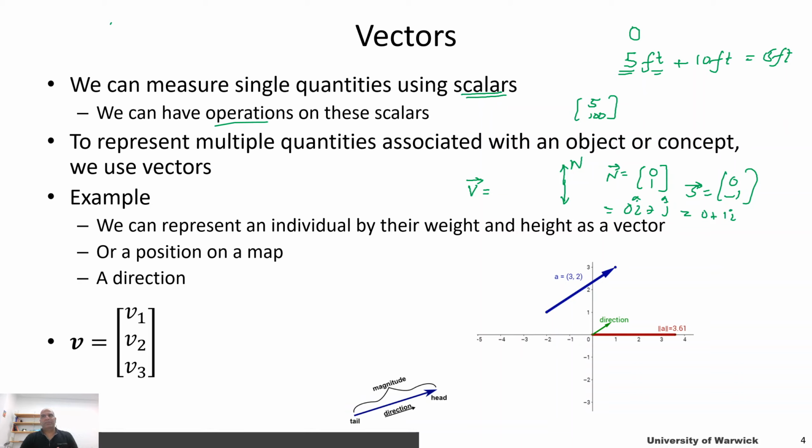But this is a bit more cumbersome in comparison to writing it like this. Vectors not only give us an ability to represent data more compactly, but they also give us an ability to do operations on top of that in a more concise manner in comparison to when we use these complex numbers. So we can represent these vectors, and that's why they're really interesting.